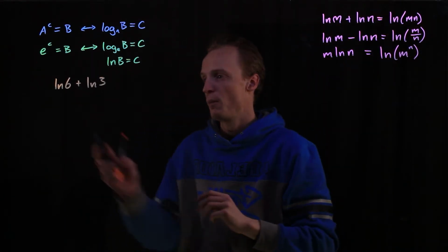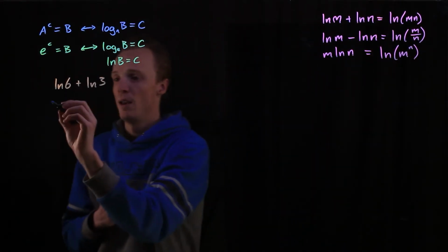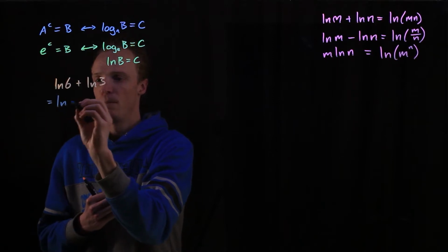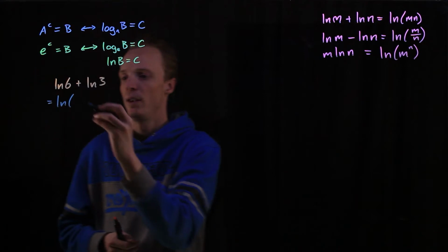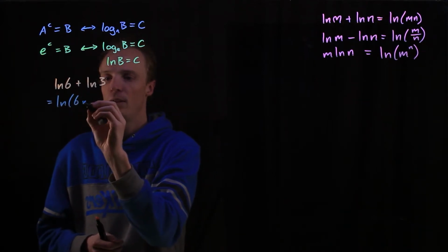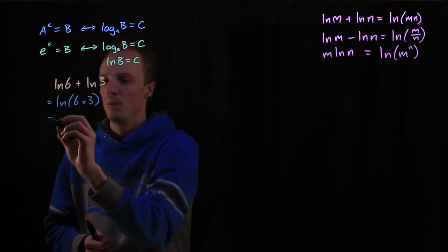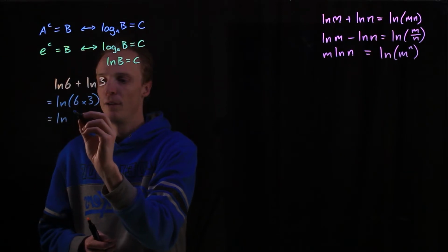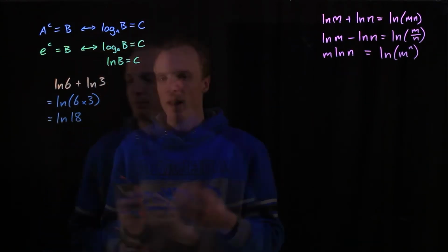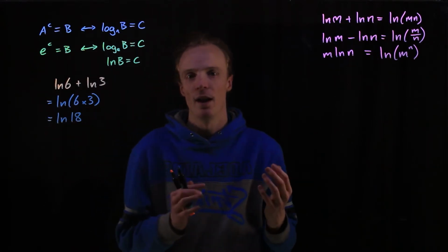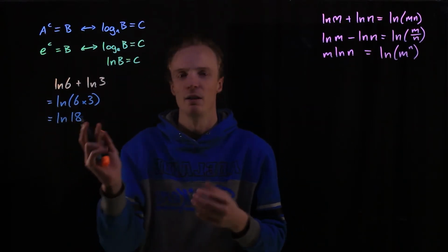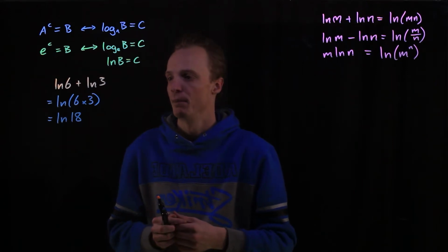We keep the natural logarithm, but we multiply these two values, so this would be the natural logarithm of 6 times 3, which is the natural logarithm of 18. And if you wanted to find out what value this was, you could put it into your calculator. There is a natural logarithm button on most scientific calculators.